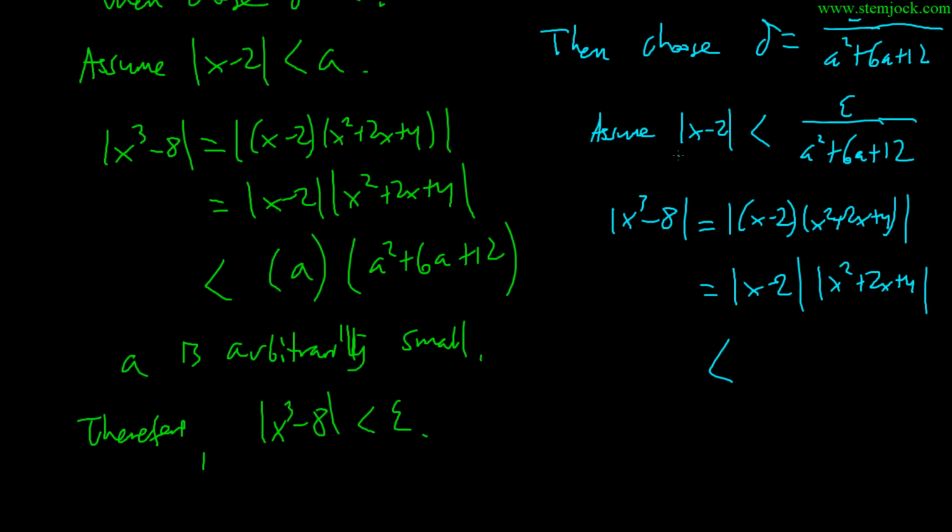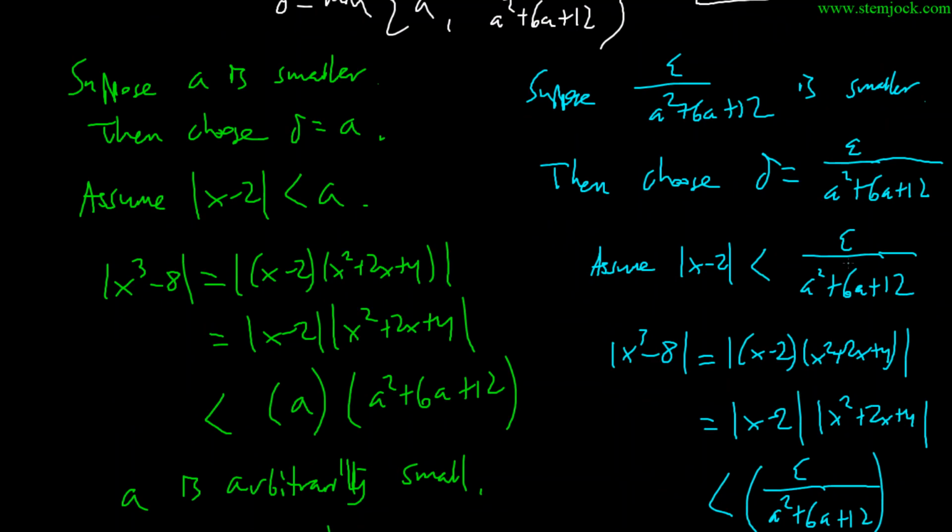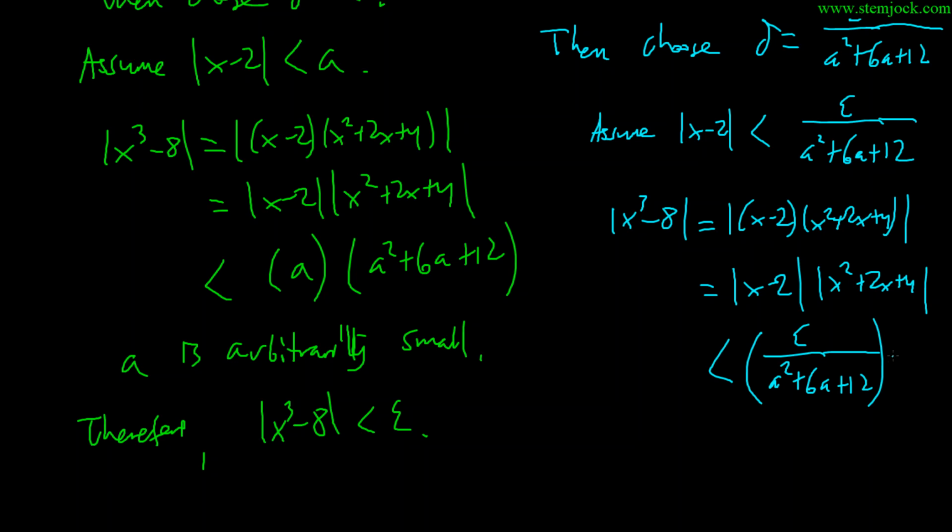I assume that the absolute value of x minus 2 is less than this, so I write epsilon over a squared plus 6a plus 12. And now, what is the upper bound of x squared plus 2x plus 4? That is c, which is a squared plus 6a plus 12. These cancel out, and what's left is epsilon.